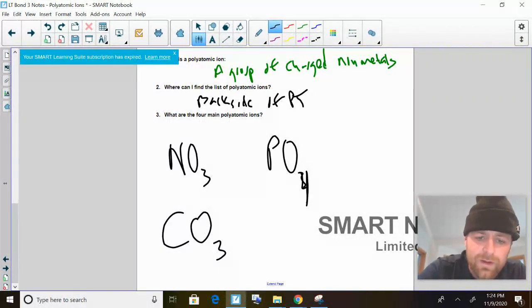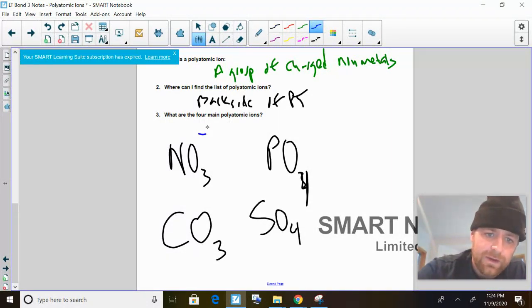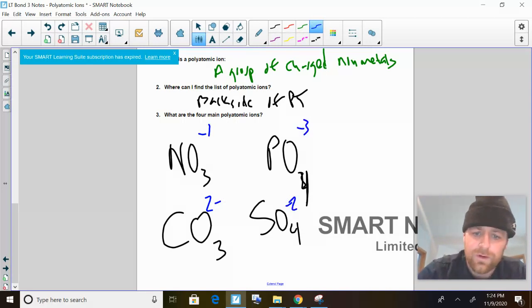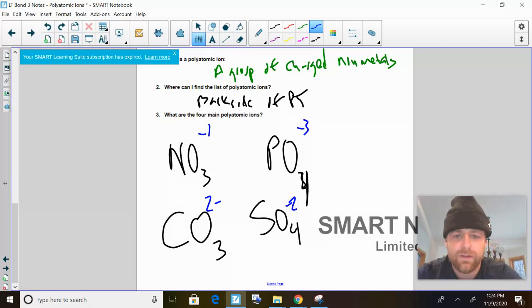Notice they're all capital letters, that's how you can also know. And then the last one, sulfate, SO4. This has a -1 charge, this has a -3 charge, this has a -2 charge, and that has a -2 charge. So that's the gist of what a polyatomic is.